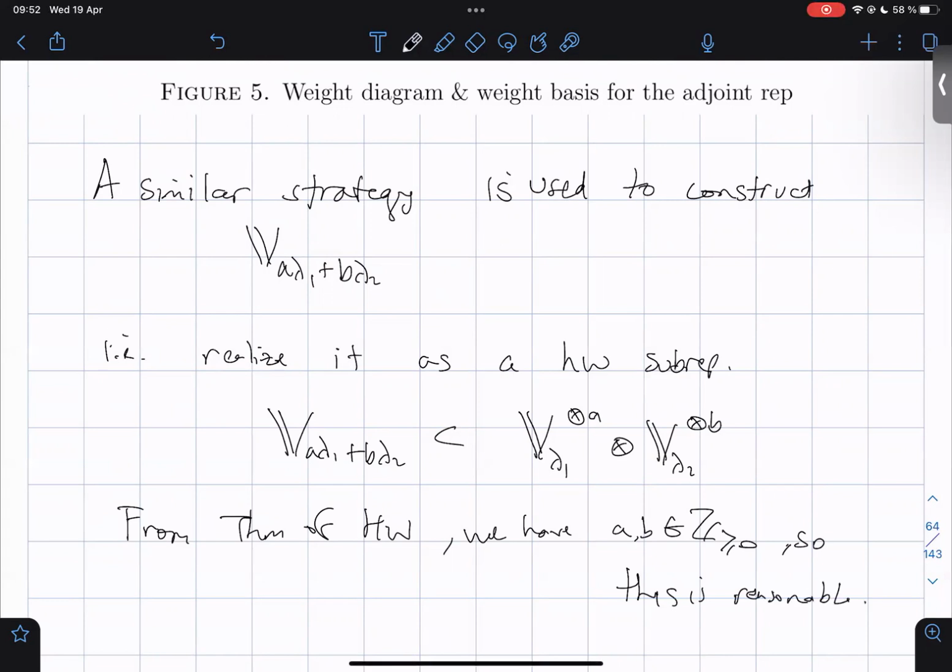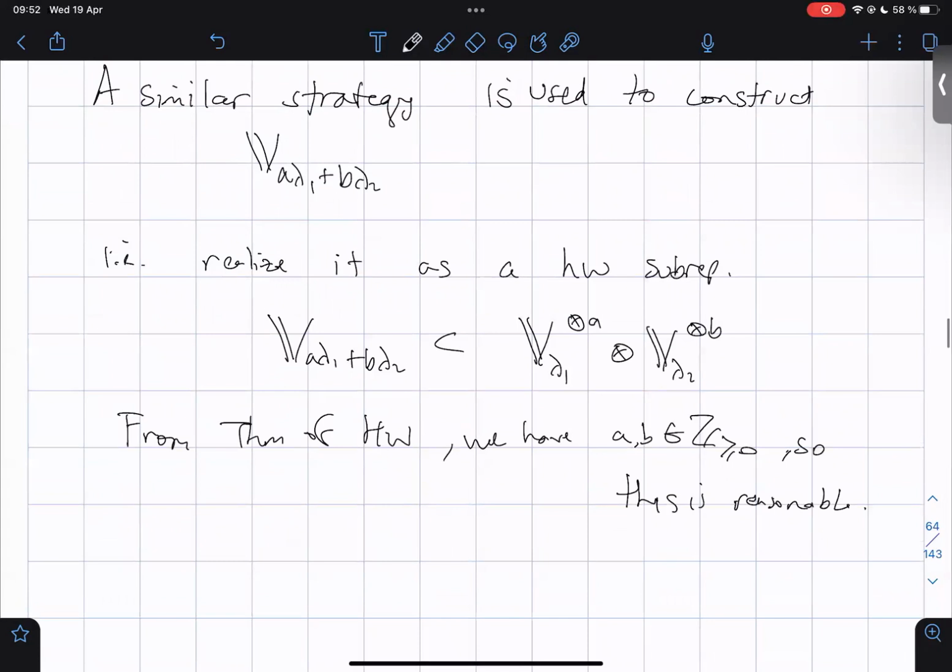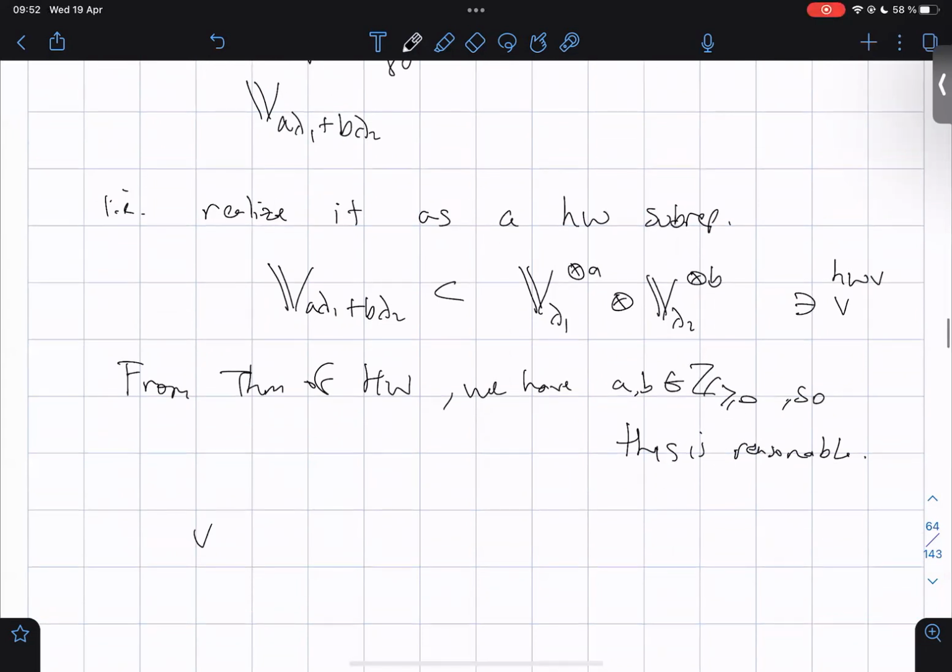Same strategy as we just saw. So what would be a highest weight vector over here? Your highest weight vector v would be e1 tensored with e1, A times, and e3 tensored with e3, B times.